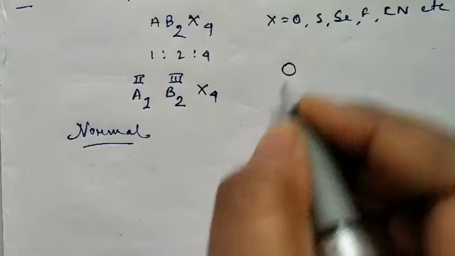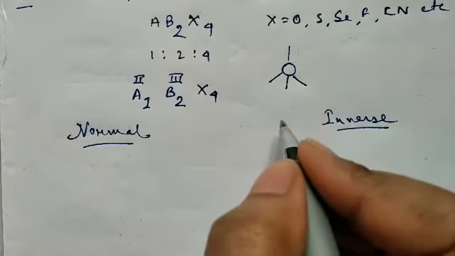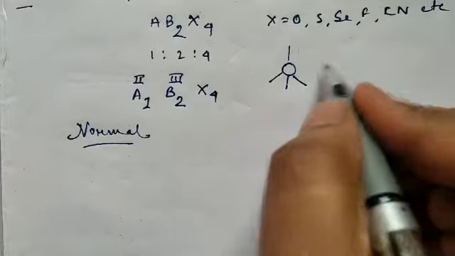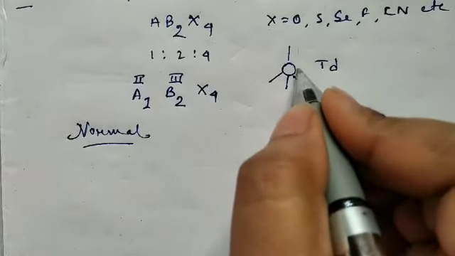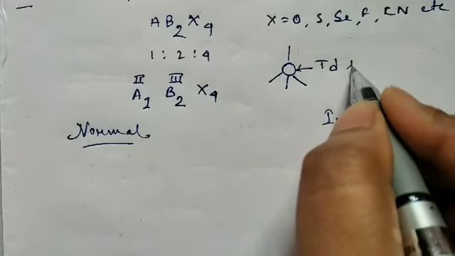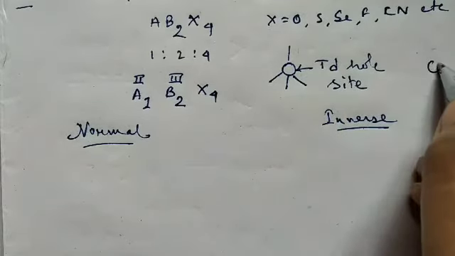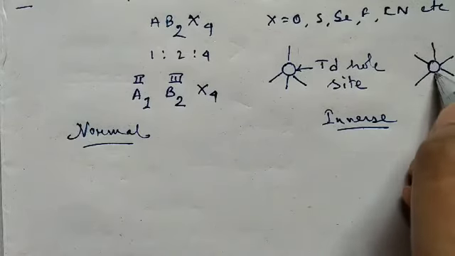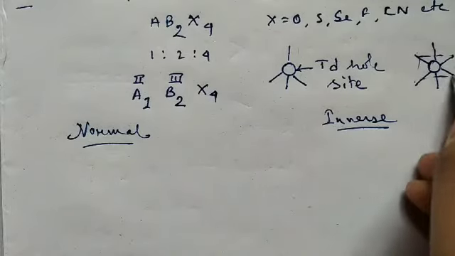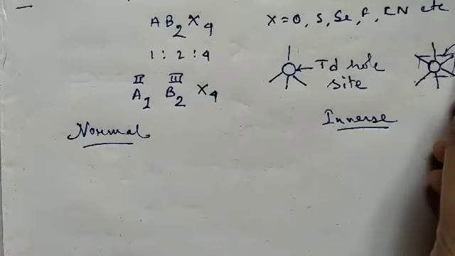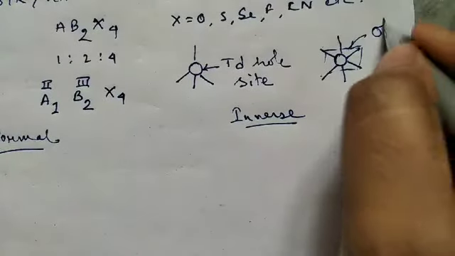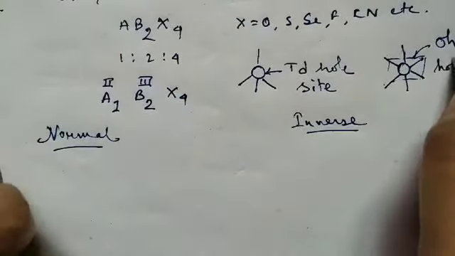If this is a hole and 4 ligands are around it in the shape of a tetrahedron, then this hole will be called a tetrahedral hole or tetrahedral site. And if a vacant position is there and the ligands are distributed such that they make an octahedron around it, then this hole will be called an octahedral hole or octahedral site.